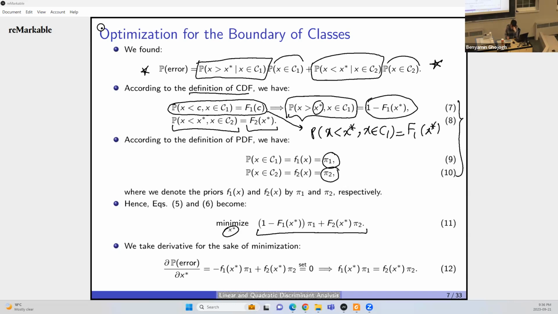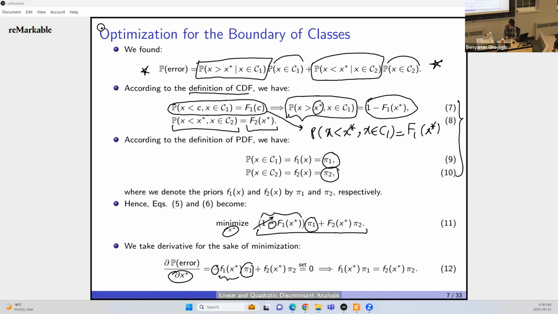Okay. So what is the derivative of this probability of error with respect to X star? Pi 1 is a constant multiplier, so we'll have this. This 1 is a constant and goes away with respect to this. The minus comes here. What is the derivative of the CDF? It is the PDF.